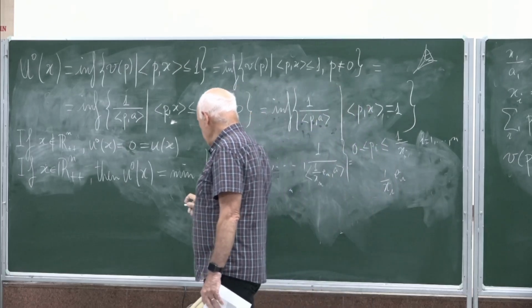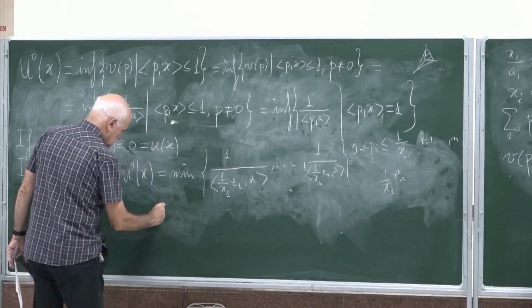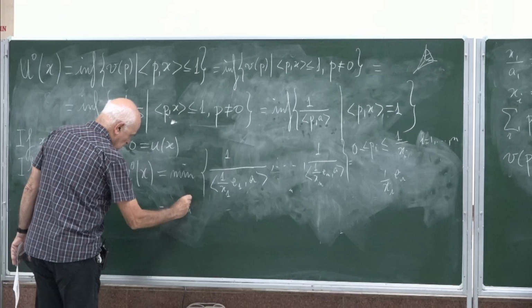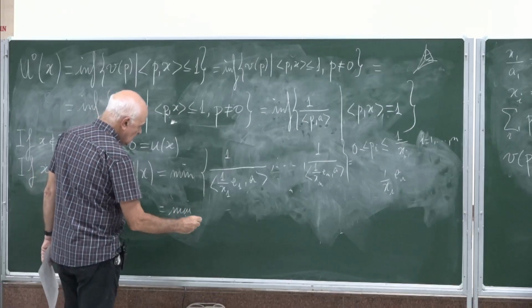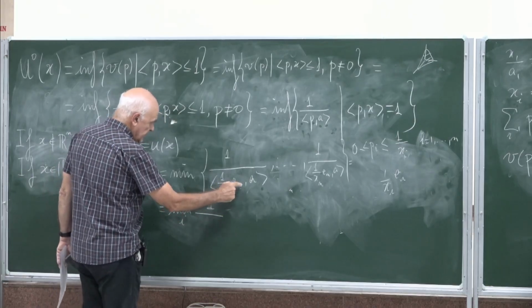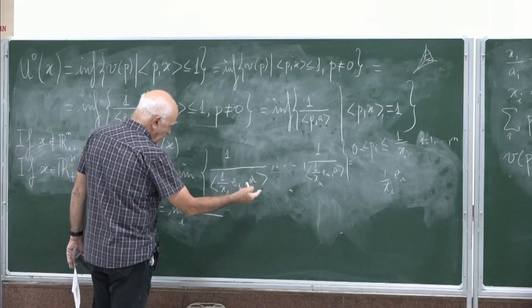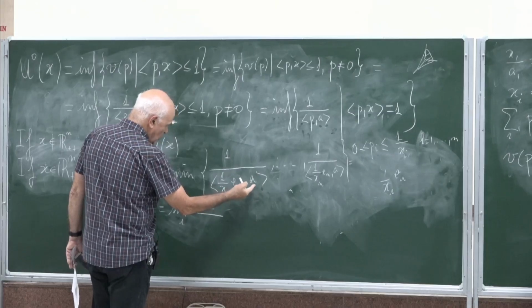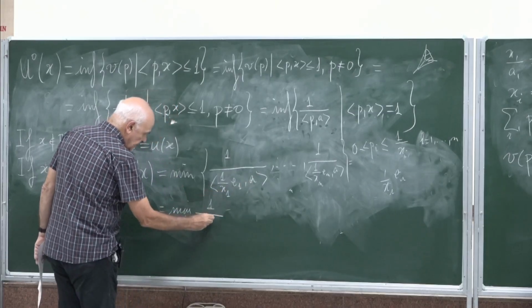So it's the minimum over i of 1 over ei times a, where ai is the ith component of a, divided by xi.